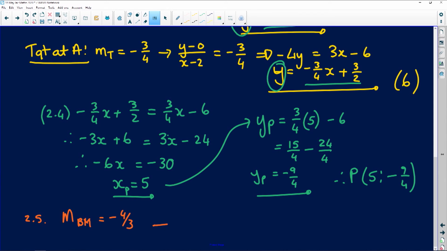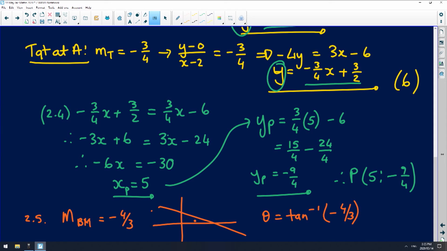Okay, so why is that important? Because it is this line over here that I'm working with. I want that so I can get access over here. So first of all, I'm going to find the angle. The angle then, let's just call it theta, will be the inverse tan of minus 4 over 3.